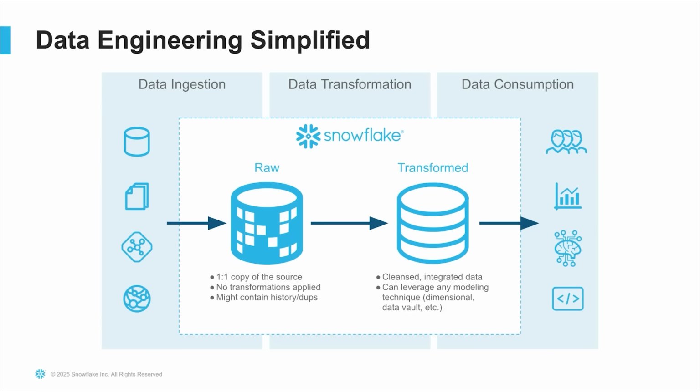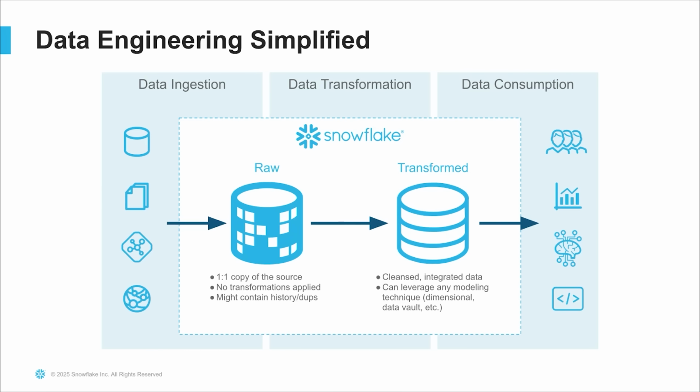When we talk about data engineering, I know it can sound complex, but essentially we could simplify this into 3 core stages. You have your data coming in from different sources, which is raw, not transformed, and not really available for your business teams to consume and make meaningful sense of. In the transformation stage, you're cleansing, integrating, and curating it in a way that is meaningful for your business teams.